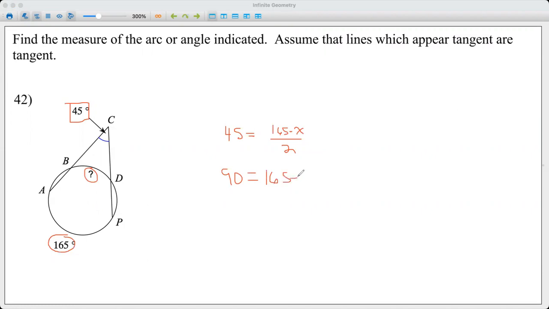You will get a negative here on both sides after we subtract. Let's see, from 90, we subtract 165. You're going to get a negative, perfectly fine. So you get negative 75 because that's going to equal negative x. Notice that negative there. So therefore, x is 75 degrees. So x is 75 degrees, final answer.